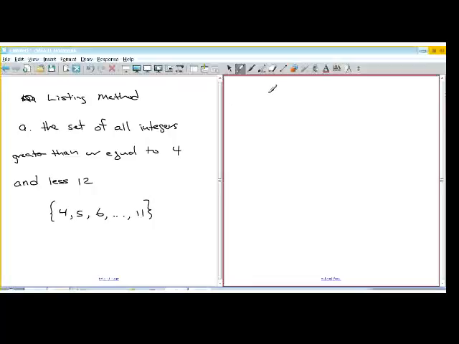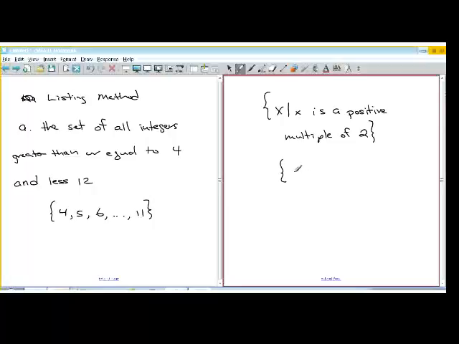I might also ask in terms of set builder notation. The set builder notation would look something like this. Let's say it's positive x, such that x is a positive multiple of 2.